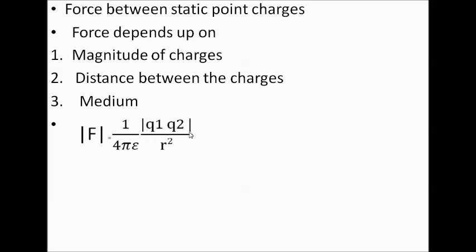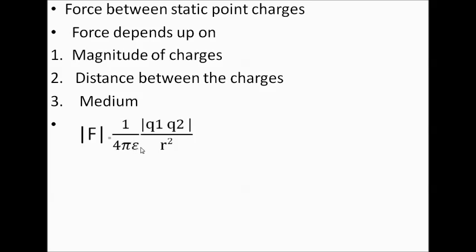This magnitude means that while calculating the magnitude of force, if the interacting charges are unlike charges, for example, if Q1 is positive and Q2 is negative, no need to consider the negative sign of Q2. That's why we are writing magnitude of Q1 and Q2, divided by R square. And what is this epsilon?